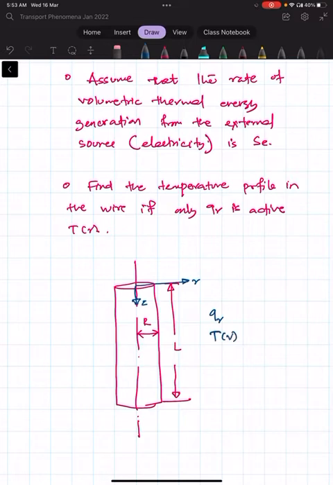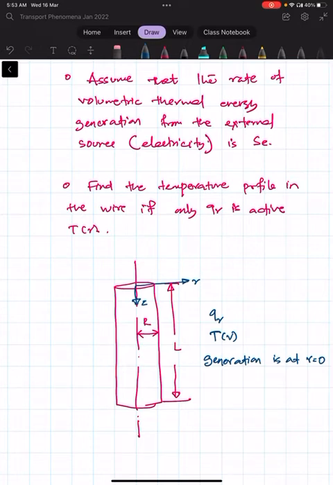T is a function of R, and generation is at R equals 0 at the middle, let's assume that. For this we need to write the governing equation, then the boundary conditions, and then we can solve it.